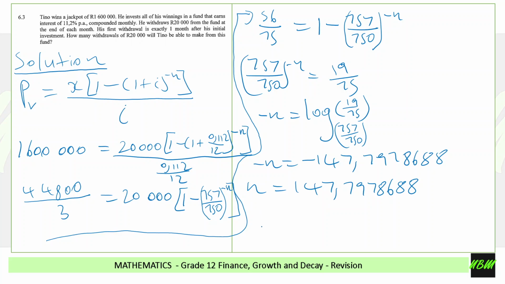But the question only wants the number of withdrawals of 20,000 rands. Therefore, how many withdrawals of 20,000 rands? It will be only 147 withdrawals of 20,000 rands.